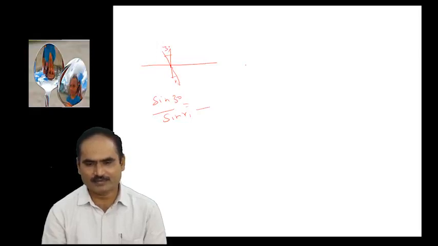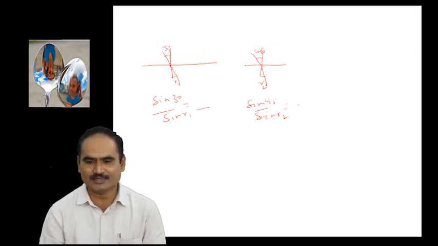In the same way, I will do one more thing. Here I draw a normal, and then instead of 30 degrees, I take 45 degrees, and it bends like this. This is the angle of refraction R2. Then sine 45 by sine R2, whatever the value, you keep it here.